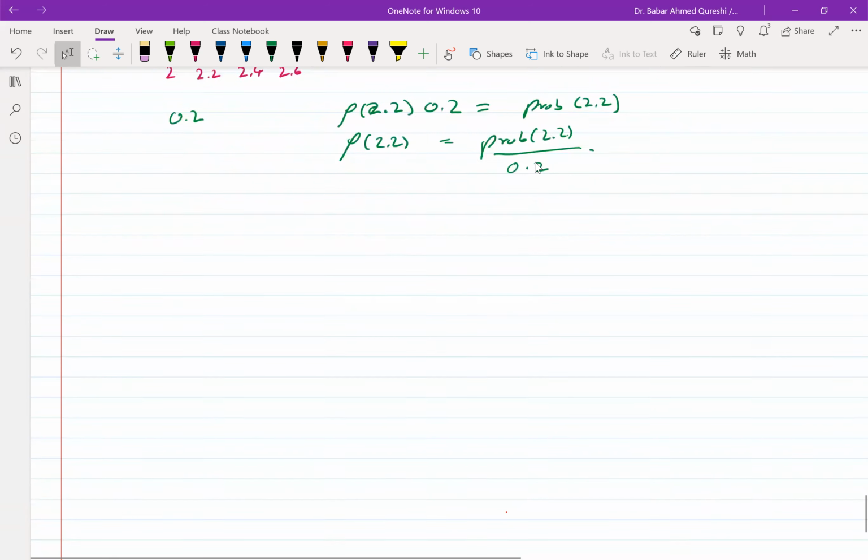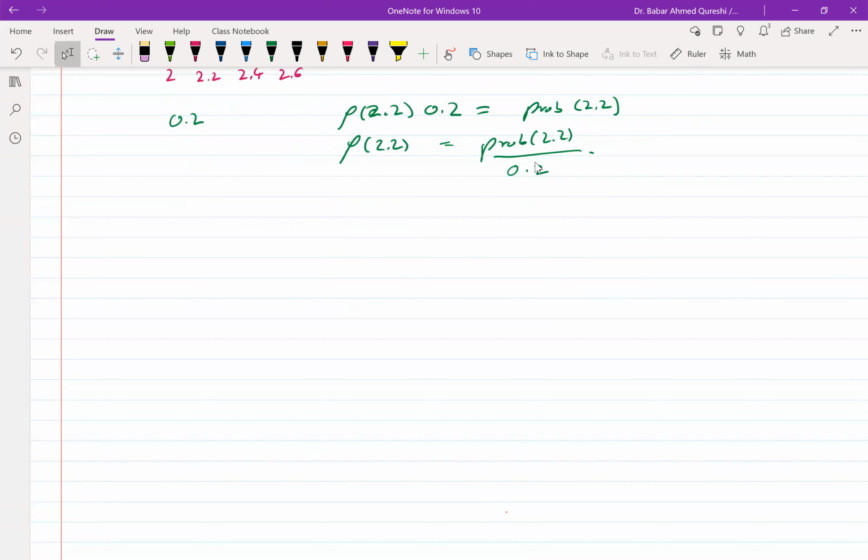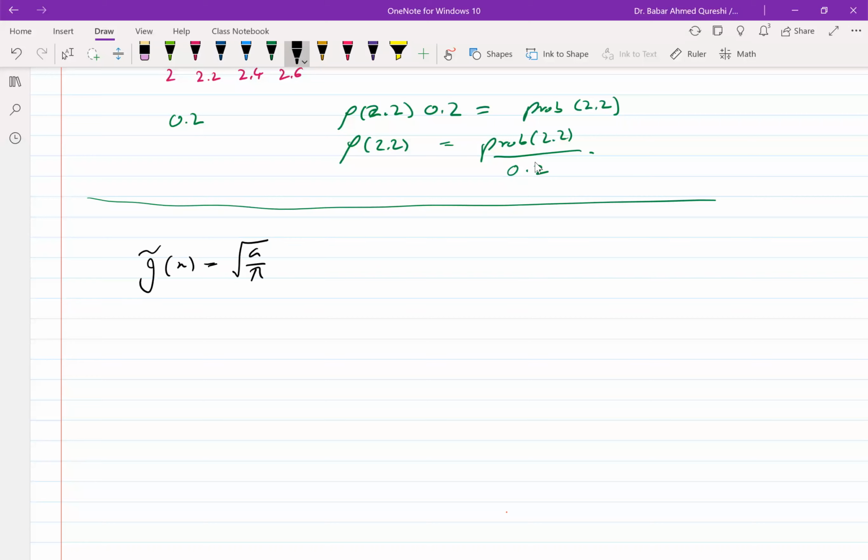So let me go back to the Gaussian. Going back to the Gaussian, I had this thing. And this guy, since I have put this in front, his height is a over pi.